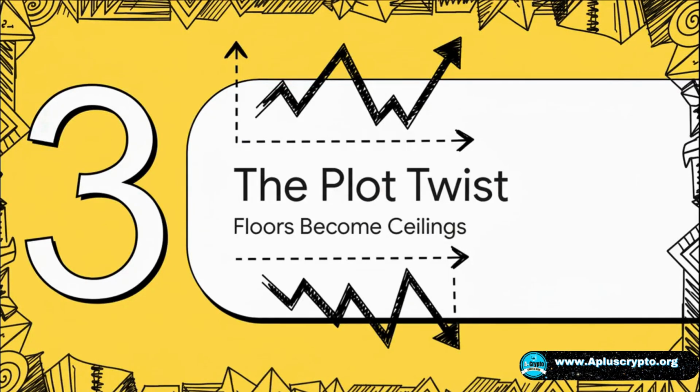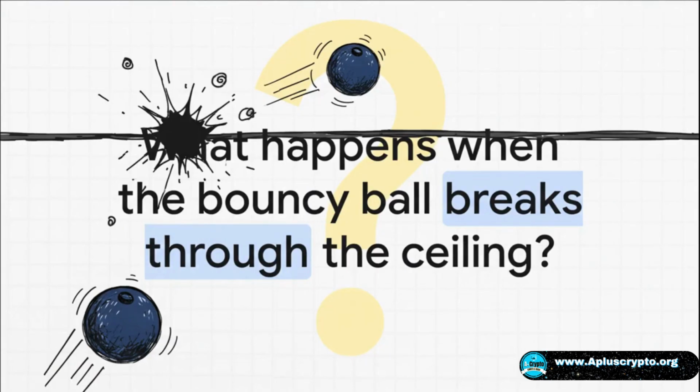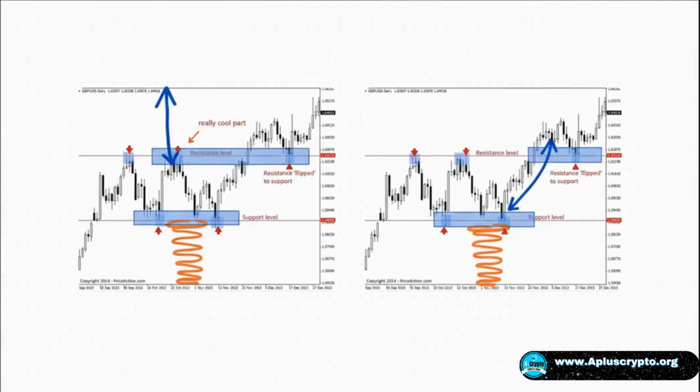Okay, now just when you think you've got this all figured out, the market loves to throw in a good plot twist. See, these floors and ceilings, they don't always stay where they are. Sometimes they switch jobs. Let's go back to our bouncy ball. What happens if you throw it so hard that it just smashes right through the ceiling? What happens next? And this is the coolest part.